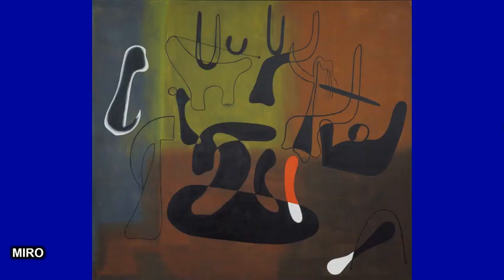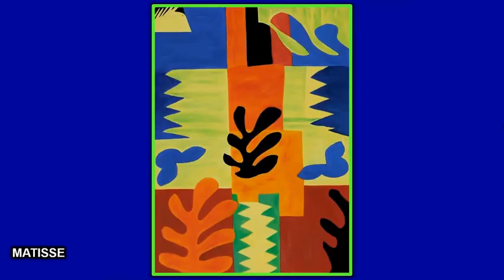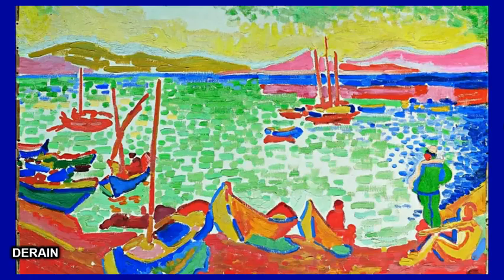When I was in college, we called them organic shapes or biomorphic shapes. So Moreau definitely uses freeform shapes in his artwork. Matisse also uses very similar freeform shapes. And with Delaine, the shapes of the mountains in the distance, the people, the boats, these are all freeform shapes.